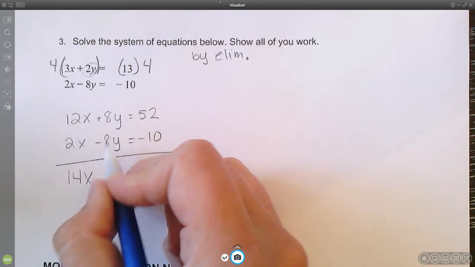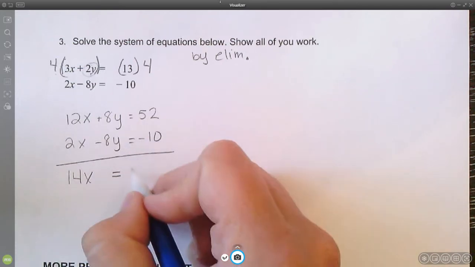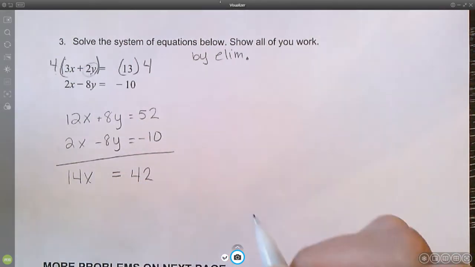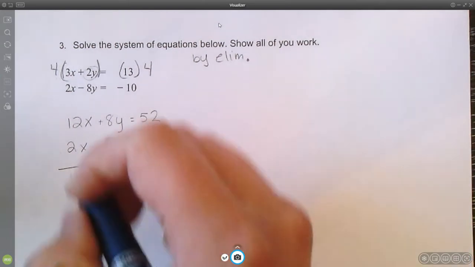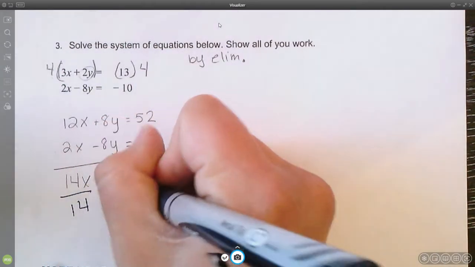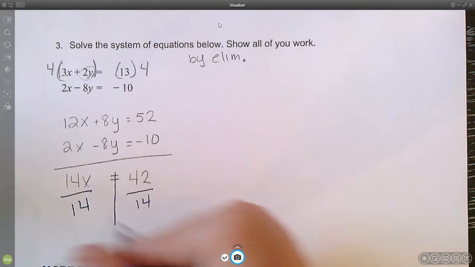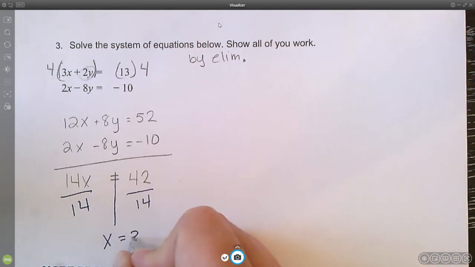These two things cross out, equals 52 minus 10 is 42. And then draw the line down the middle. Divide both sides by 14. 42 divided by 14 is 3. So we have x equals 3.